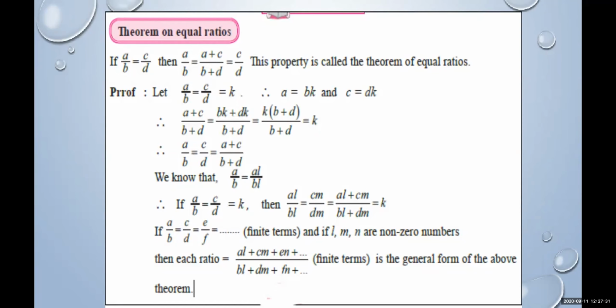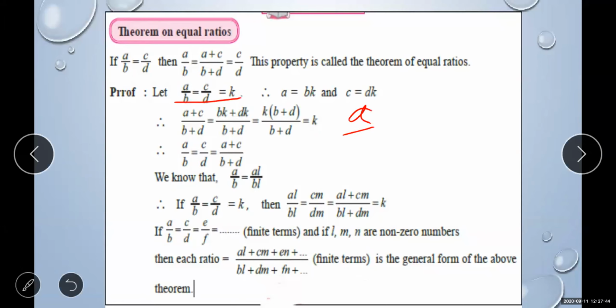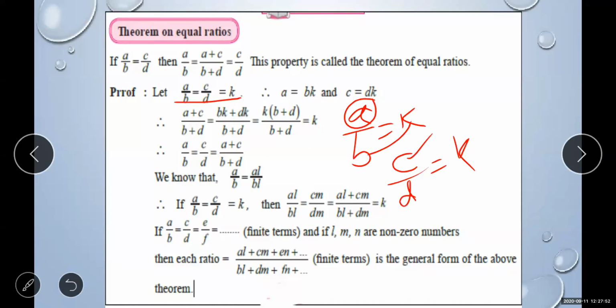Whenever the ratios are equal, we can consider them as K. So we consider A upon B is equal to K, and the same for C upon D is equal to K. So you get A is equal to B into K and C is equal to D into K. B is in the denominator, on the other side it is in multiplication.